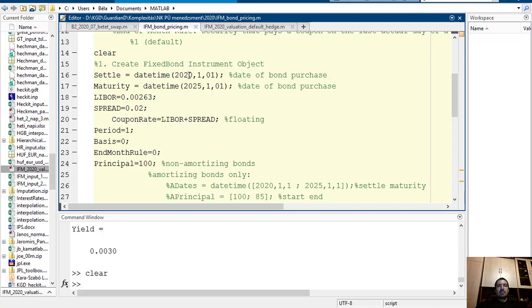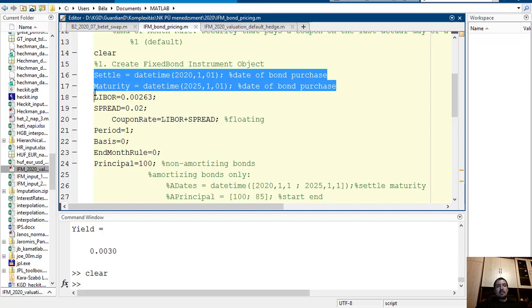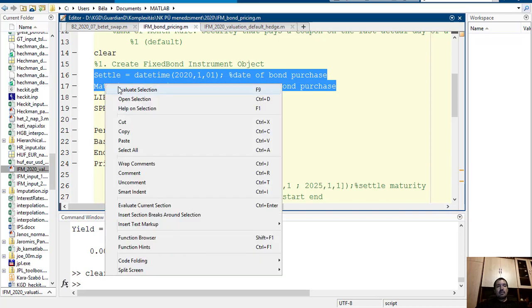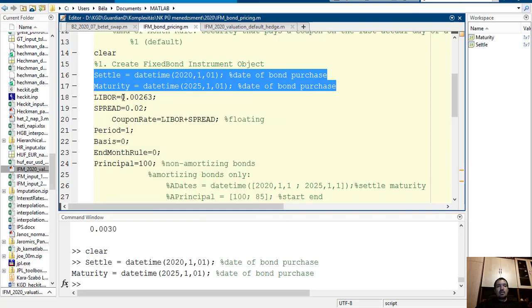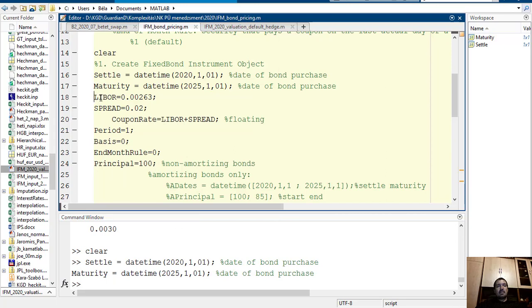We know that the bond will be issued on the first day of 2020. Then it has a 5-year maturity. Also, from our rule book we know that Libor is something like this.